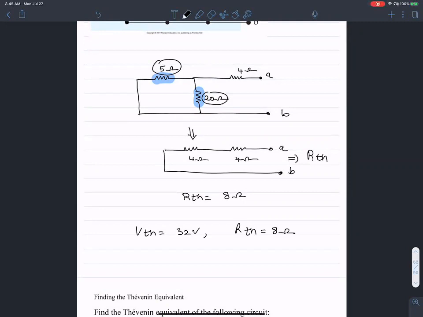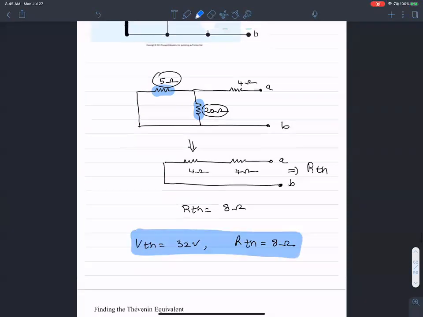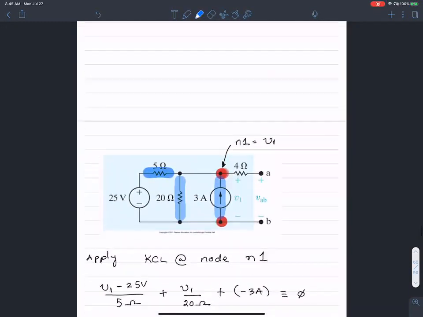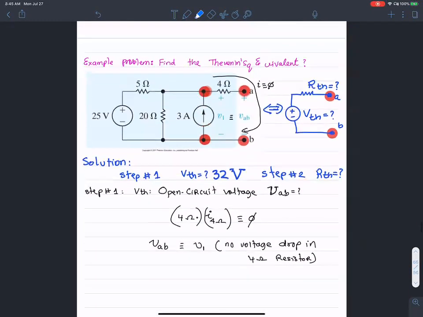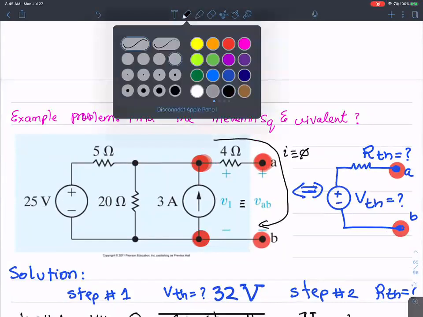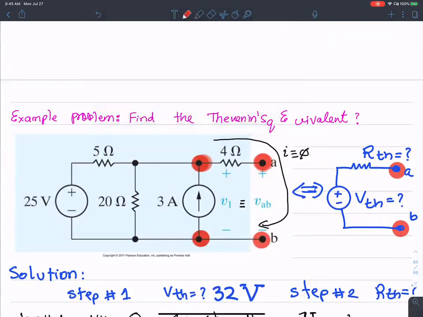If you go back to the problem, this is what you were after, right? Find the Thevenin's equivalent. You found the values for Vthevenin to be 32 volts and Rthevenin to be 8 ohms. And that is what we mean by finding the Thevenin's equivalent.